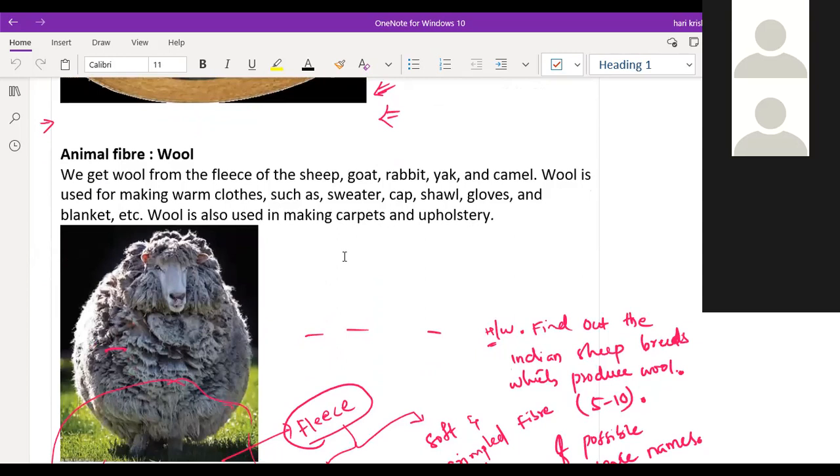Those prepared with the help of chemicals. Or if we mix some chemicals into the natural fiber, it will form a semi-synthetic fiber. Rayon, you take. Rayon is obtained from plants only. Rayon is made up of what? Cellulose along with sodium hydroxide. So if you add the sodium hydroxide chemical to the natural fiber cellulose, it will form a semi-synthetic fiber.